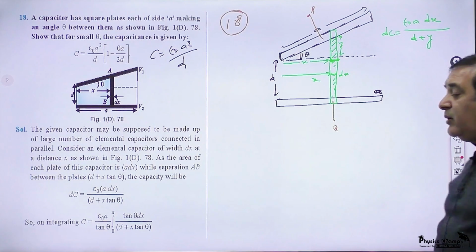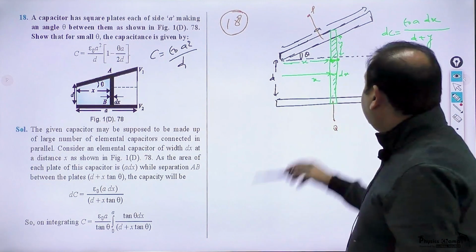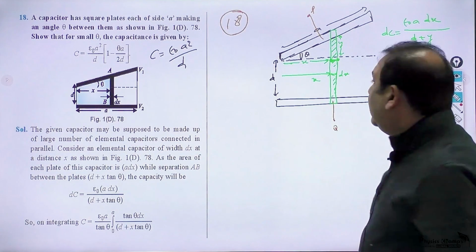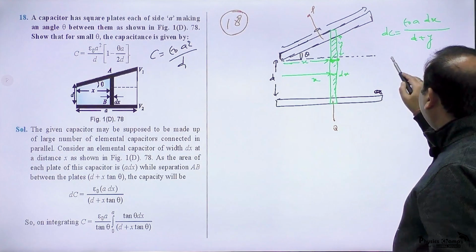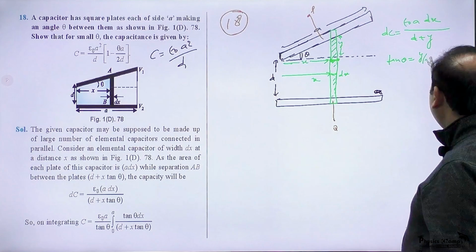But I cannot integrate if I have two variables here, x as one variable and y as another. So I should take y in terms of x, and I can say tangent theta is y by x. So y is x tangent theta.